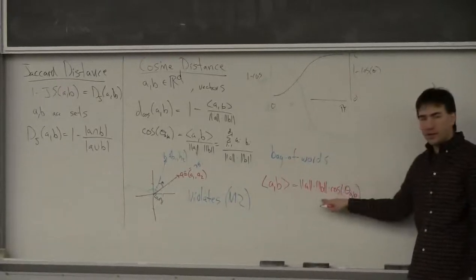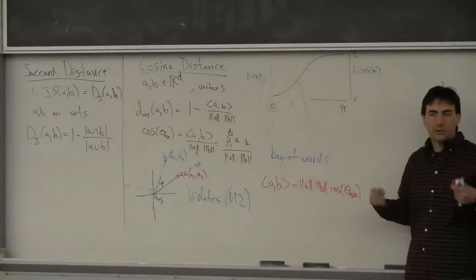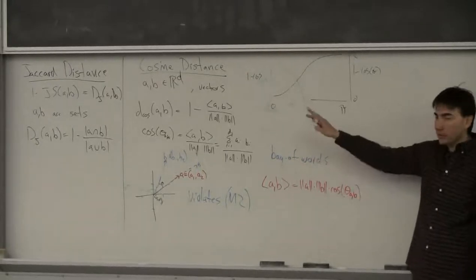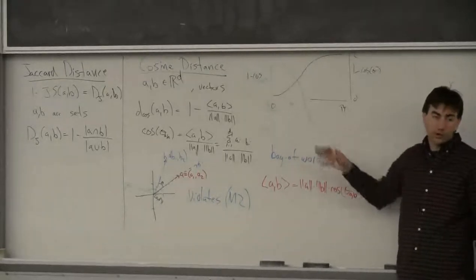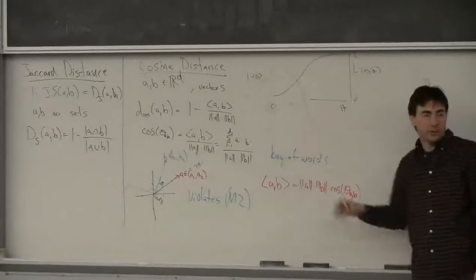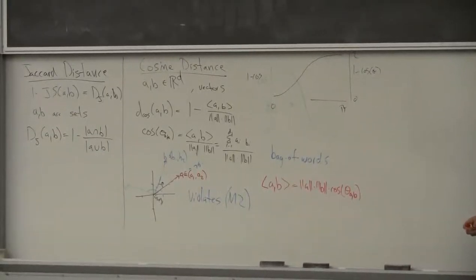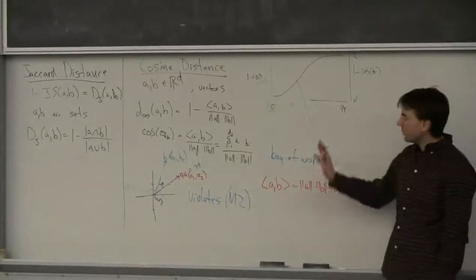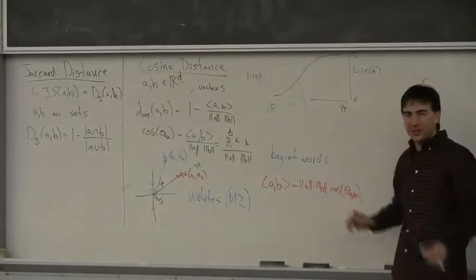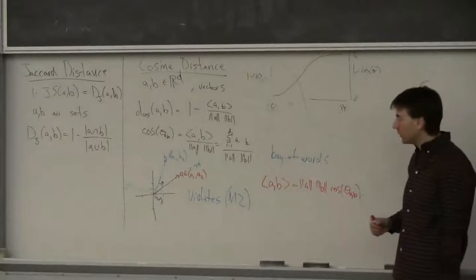But you want to normalize out the length. You want to pretend that they've been normalized. And that's when the cosine distance is useful. Hopefully this makes sense of why you want to do this.